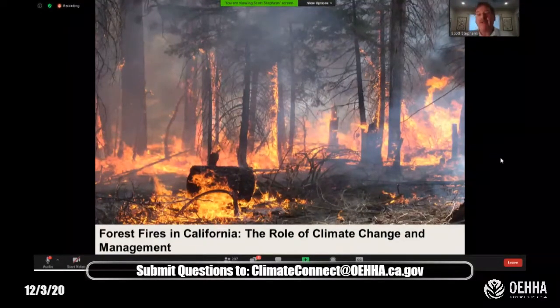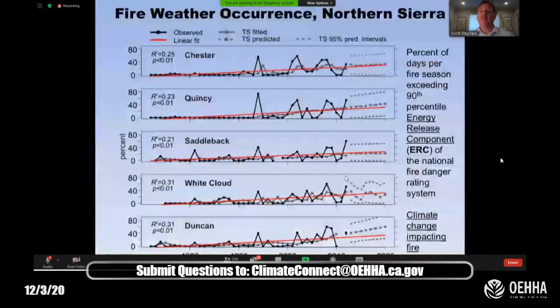My little picture here is actually a prescribed fire that I did at our UC Berkeley Blodgett Forest Research Station a couple of years ago. Here you can see we're burning the understory, an area that hasn't been burned in probably 102 years, with subsequent changes in forest density and changes in species composition to more shade tolerant species. And we're bringing fire back into this system to try to get it to work.